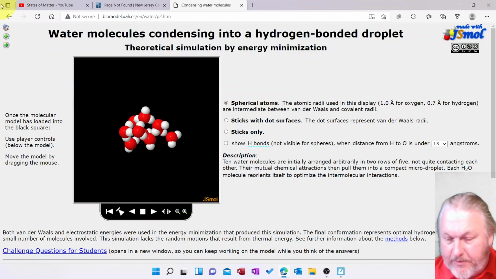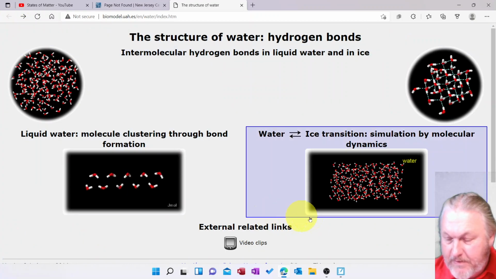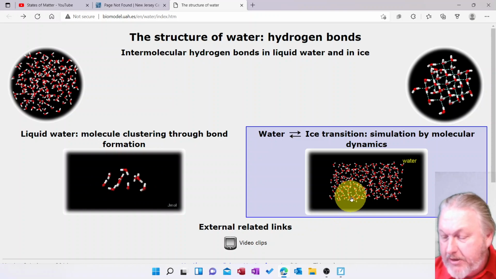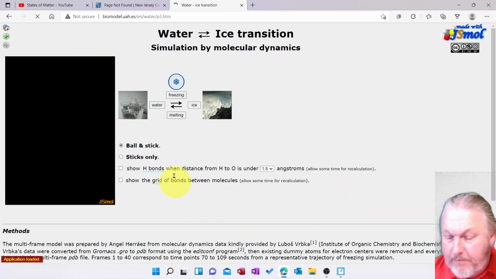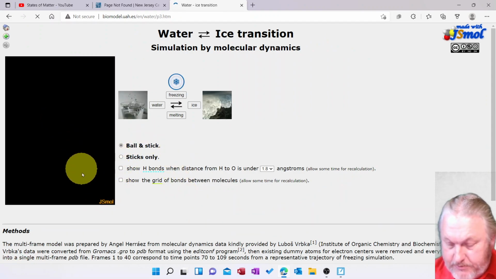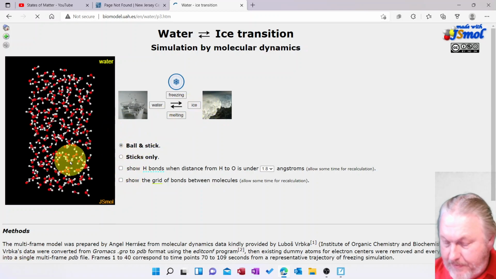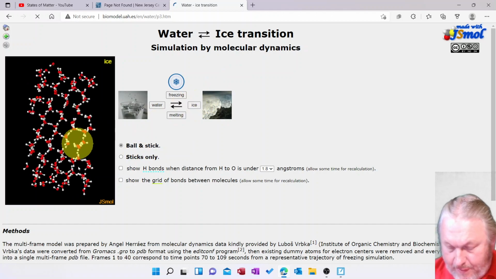Then let's see how water will transition from ice and back and forth here. All right, so that's ice. You see how it's got its structure there.